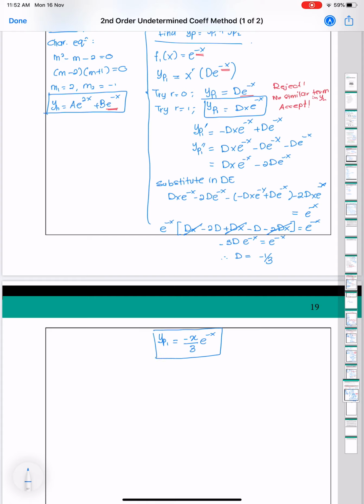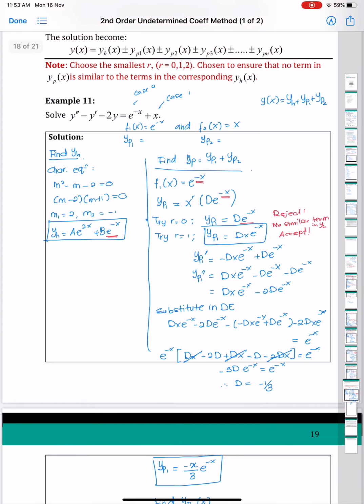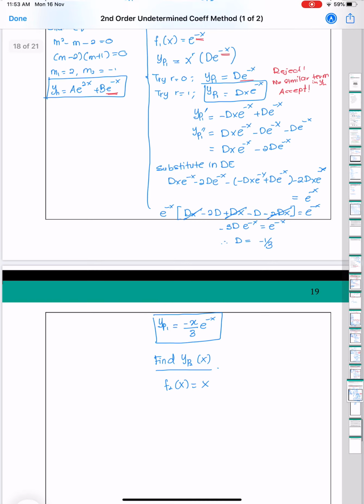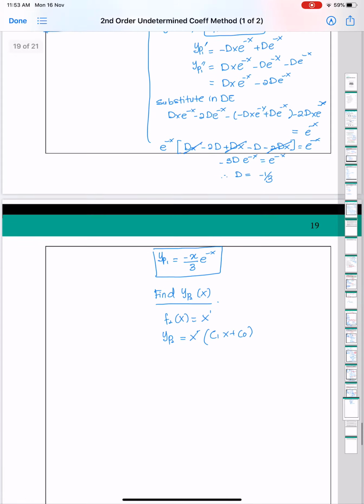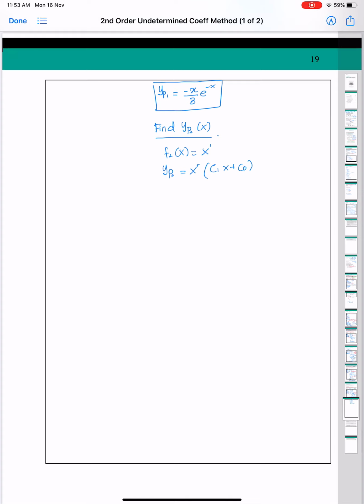So this is my yp1. Next, I want to find yp2. My f2(x), what is my f2 just now? Equal to x. So it is polynomial, case 1. So my yp2 is equal to x to the power of r. You see the power is 1, so I will have only c1x plus c naught. Try r equal to 0.